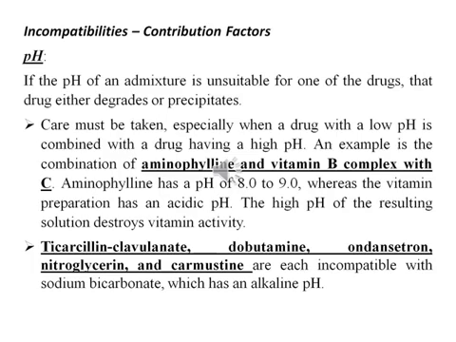An example is the combination of aminophylline and vitamin B complex with vitamin C. Aminophylline has a pH of 8 to 9, whereas the vitamin preparation has an acidic pH. The high pH of the resulting solution destroys vitamin activity. Ticarcillin, clavulanate, dopamine, ondansetron, nitroglycerin, and carmustine are each incompatible with sodium bicarbonate, which has an alkaline pH.